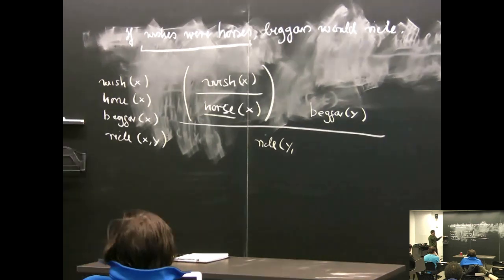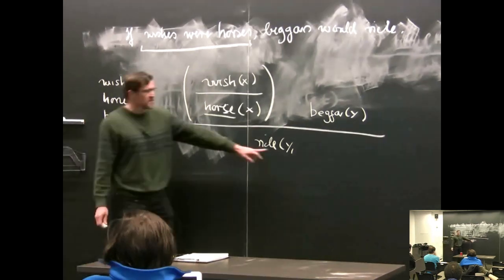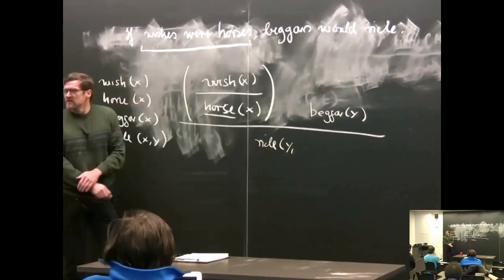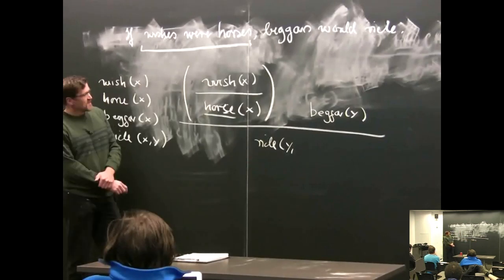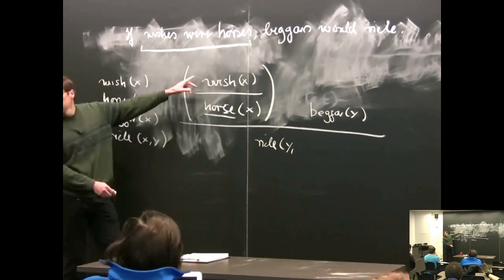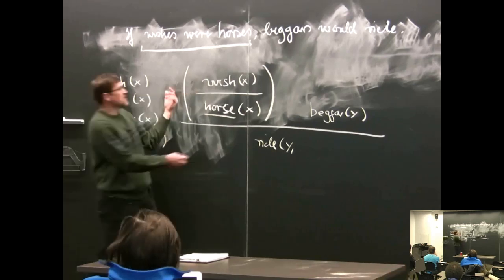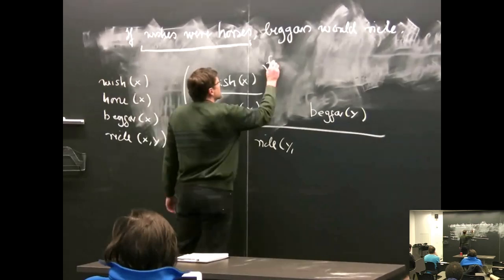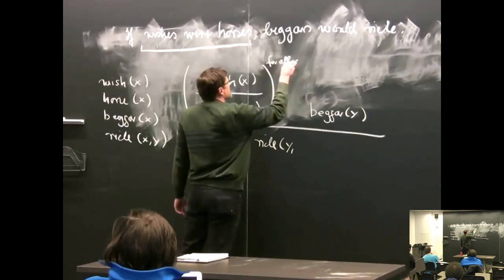But there's a problem. We can't really say X here. Why can't I say X here? It's not bound. So there's a problem here: this rule is schematic in X, so this should be applied for any X. So really, I should say for all X, somehow, this thing.